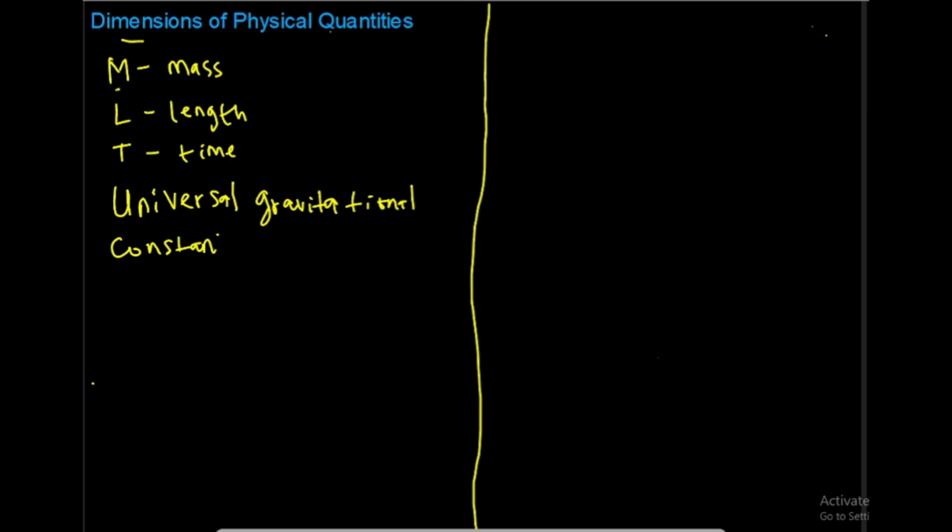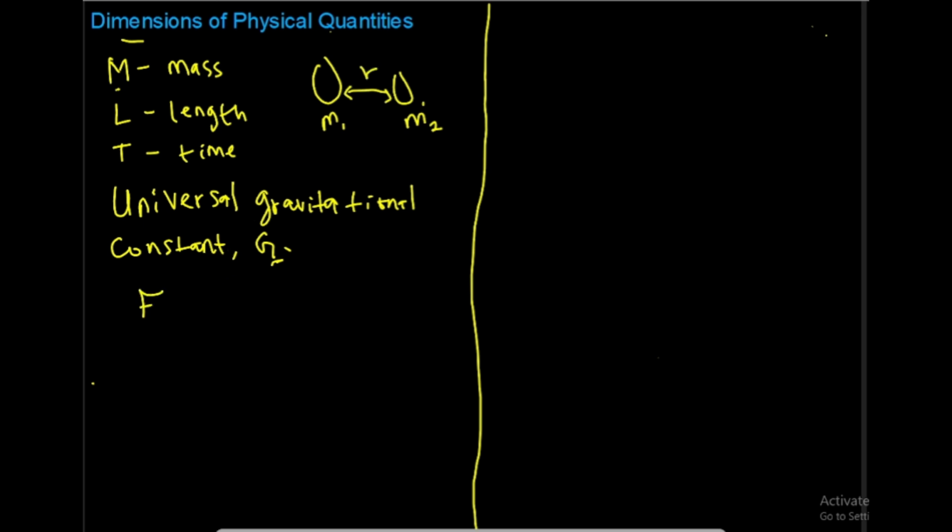The symbol is G, capital letter G. We can see this physical quantity in Newton's law of universal gravitation, which states that the force between two masses, let's say you have two masses m1 and m2, is directly proportional to the product of the masses and inversely proportional to the square of their distance apart. The distance between the two masses, we usually represent with r.